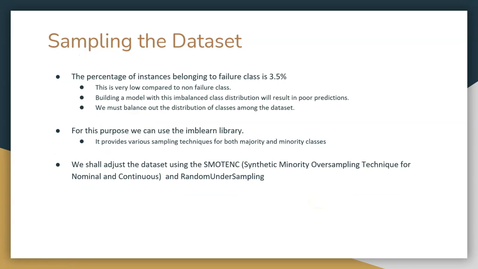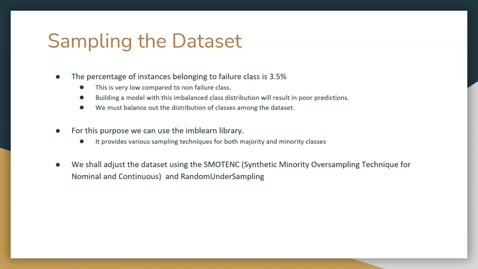Okay. Now let's come to the imbalanced dataset, because this is something very characteristic of predictive maintenance. Low frequency, high impact failures, right? The percentage of instances belonging to failure class is only 3.5%. This is very, very low, right? It will result in poor predictions.